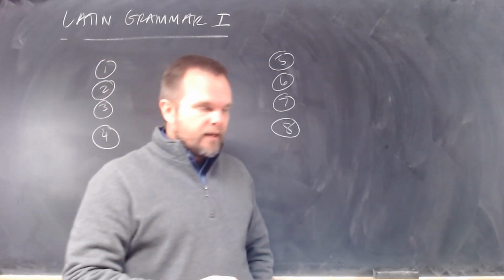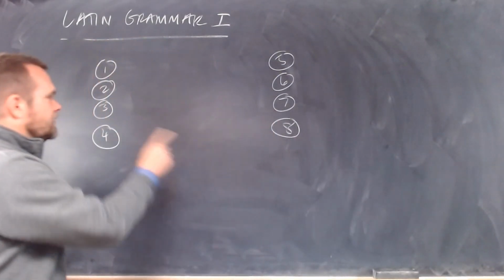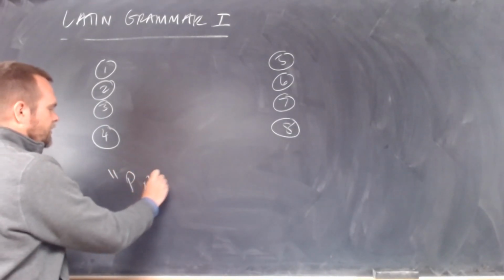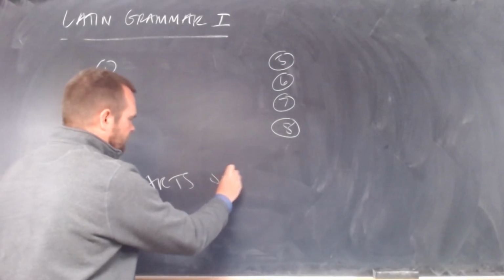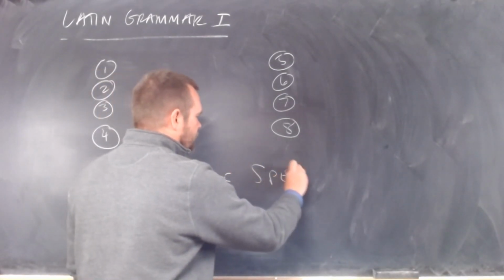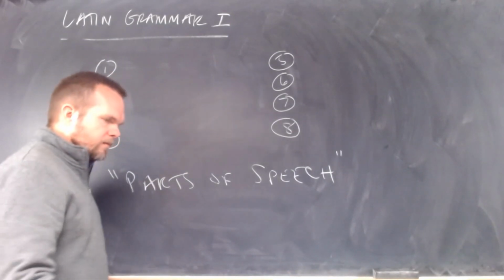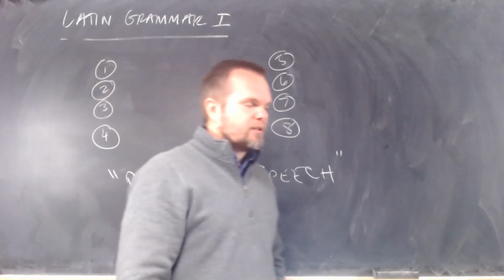Okay? We divide all words into these 8 classes, and we refer to these as the 8 parts of speech. These are the 8 parts from which speech is built.